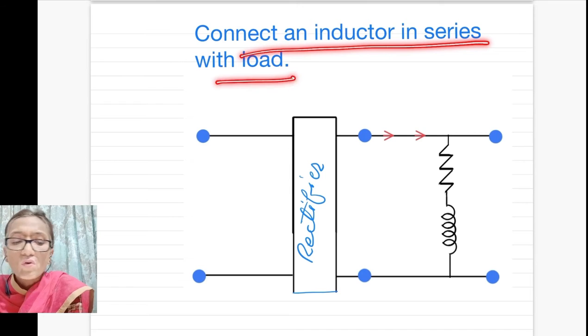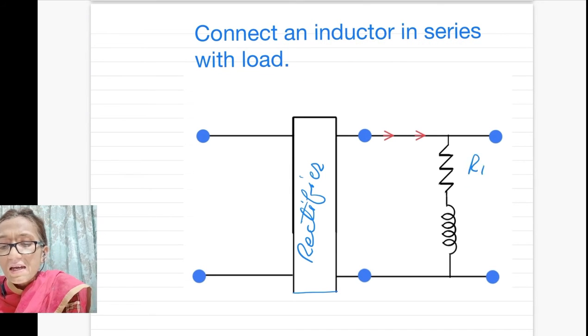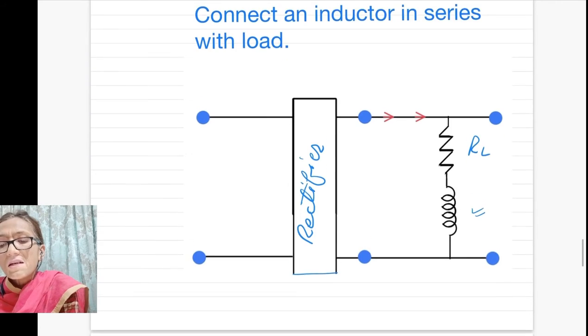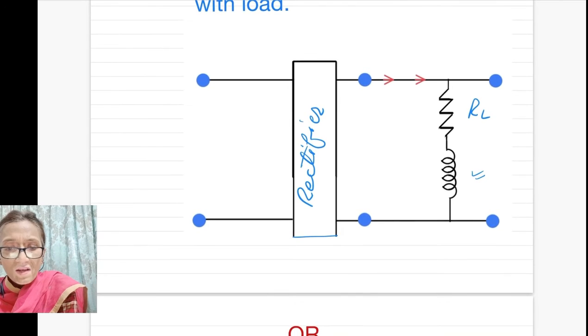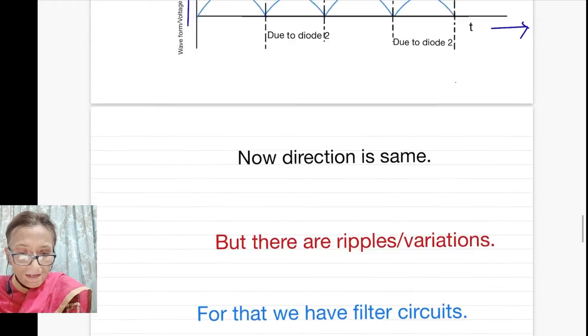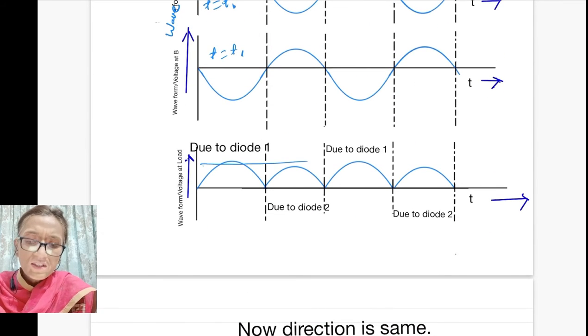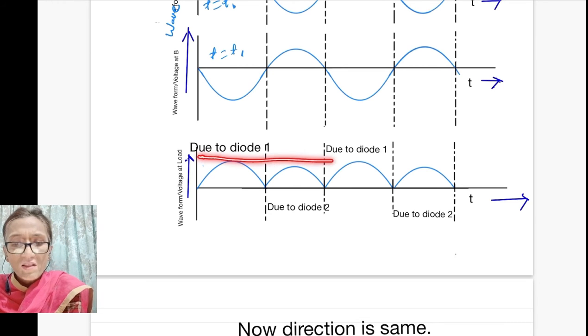Here you have load resistance, and connect an inductor, which will offer some inductance in series with load. It will just suck all these ripples. It will make the current uniform, steady. It will consume all the ripples.